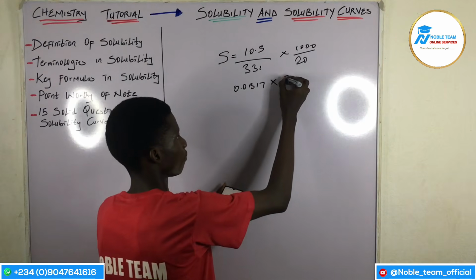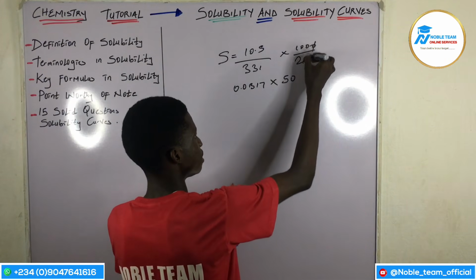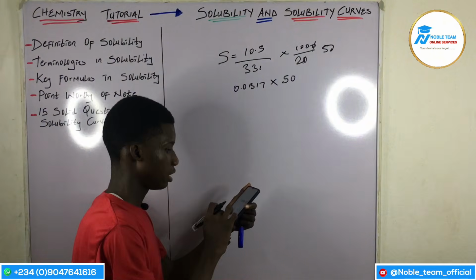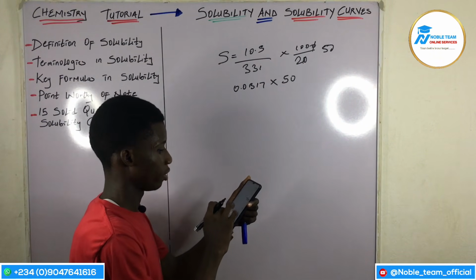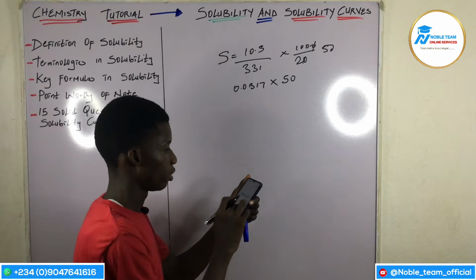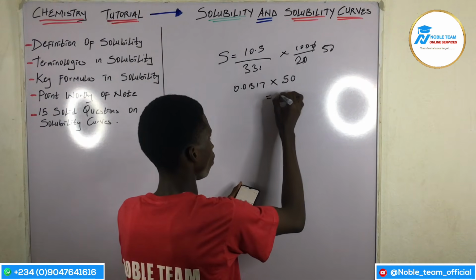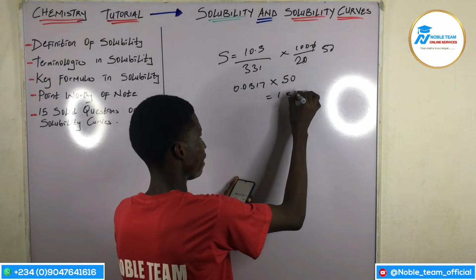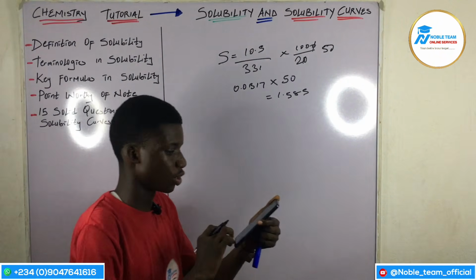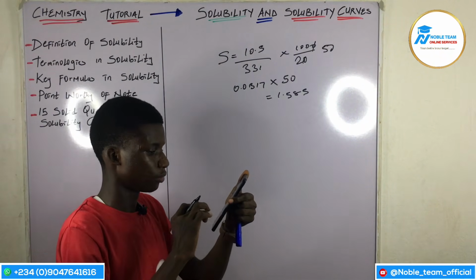Because this cancels this, 1000 divided by 20 is 50. So 50 multiplied by 0.0317, I have it to be 1.585.